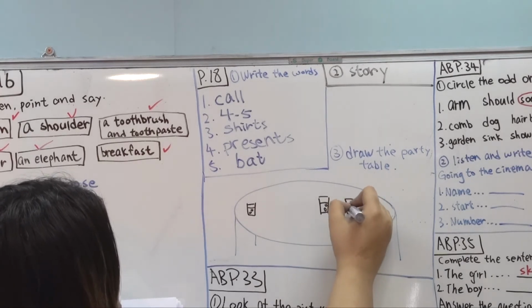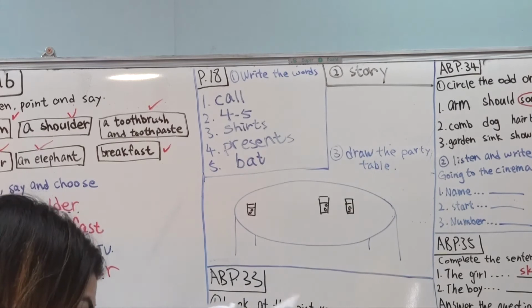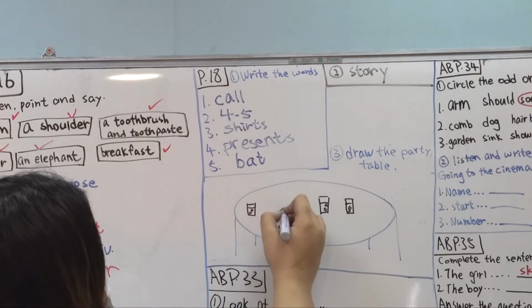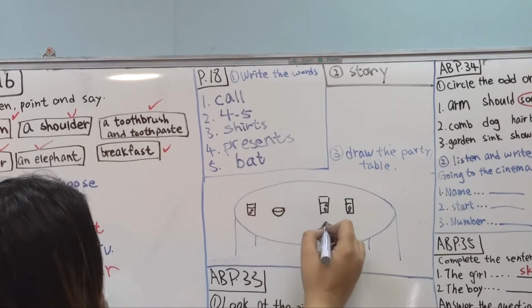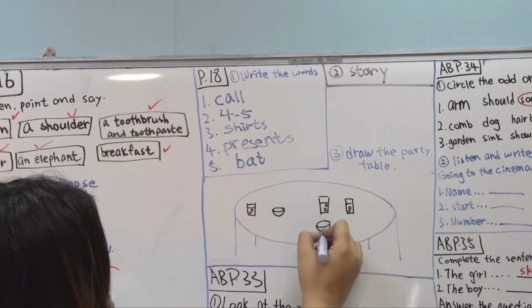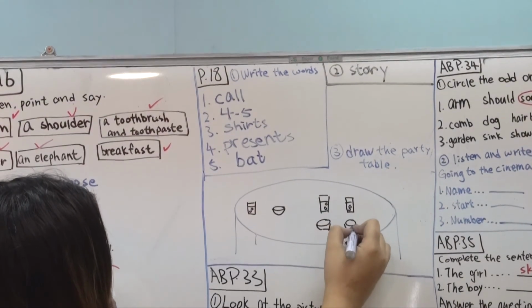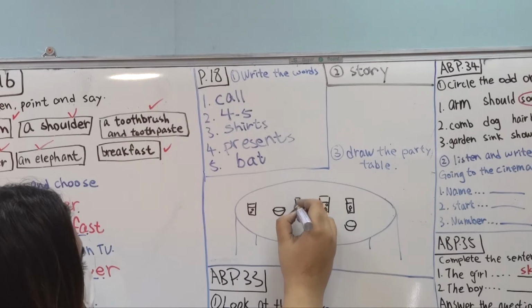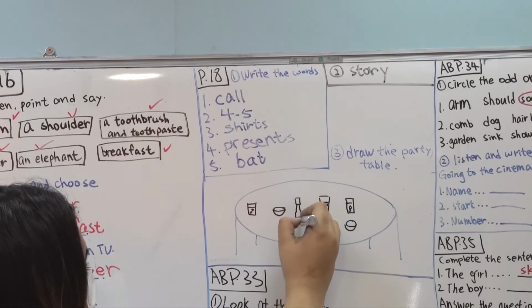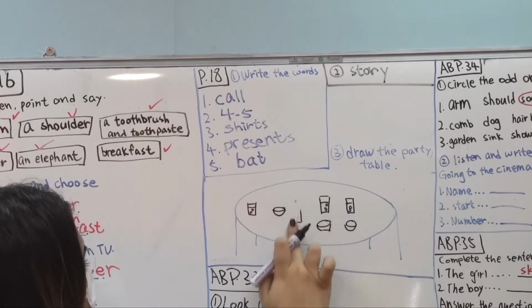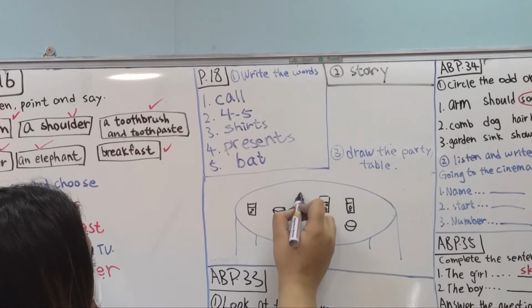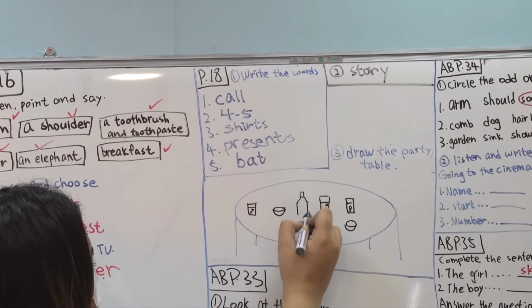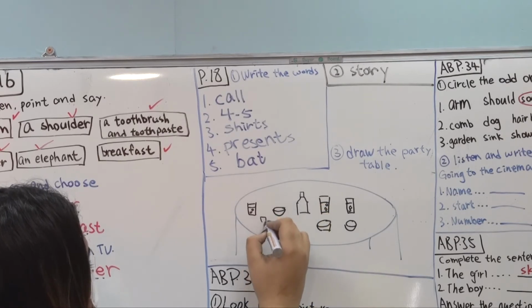Alright, sorry for my drawing. Alright, some glasses, some bowls, and then bottles. Alright, bottles.